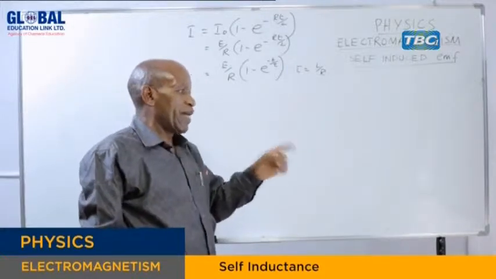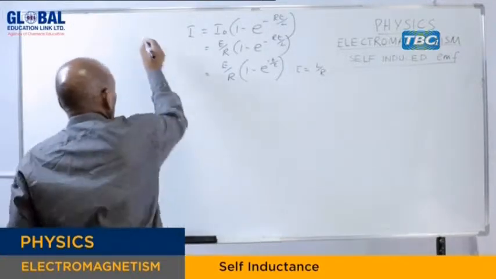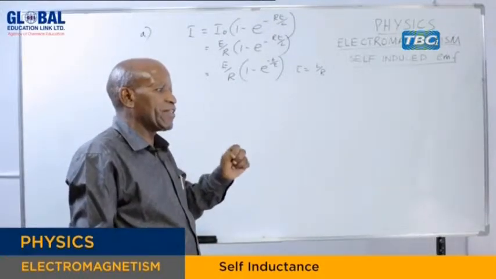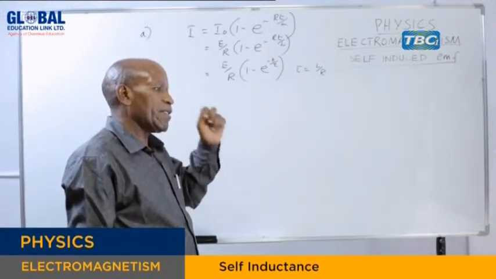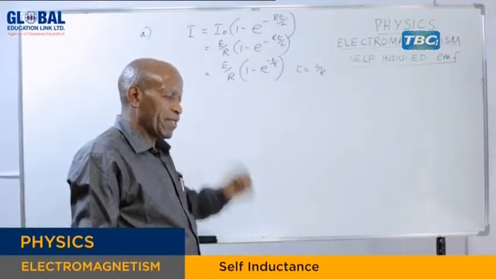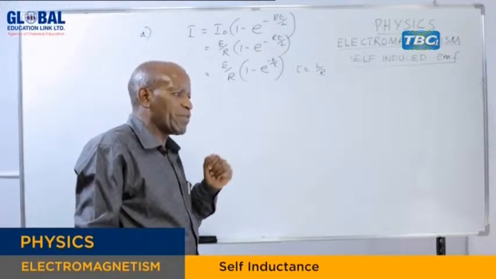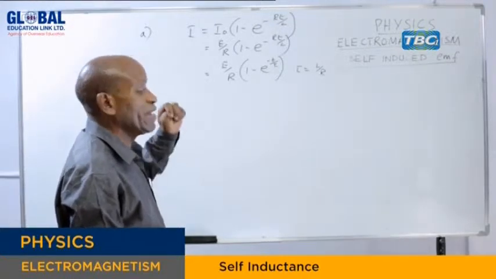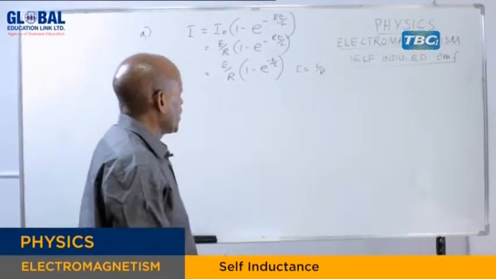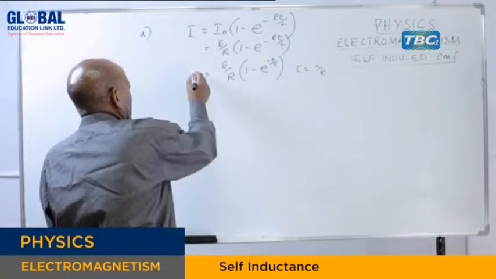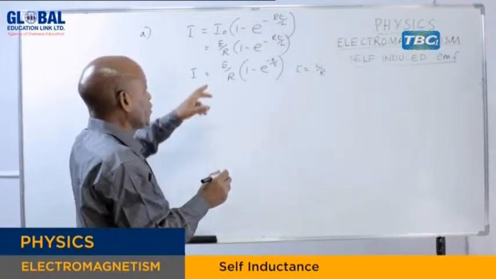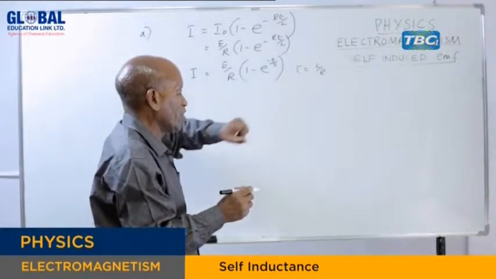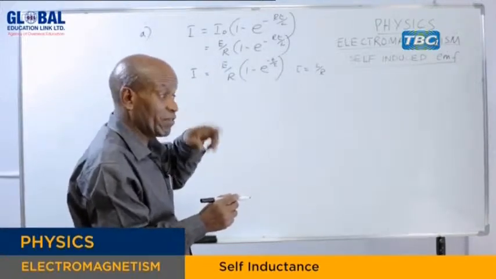Now we have been asked to determine the rate. Starting with part A, we are going to determine the rate at which the energy is being delivered by the battery. First, we need to determine the current I. To determine the current I, we need the values of E, R, and the inductive time constant.